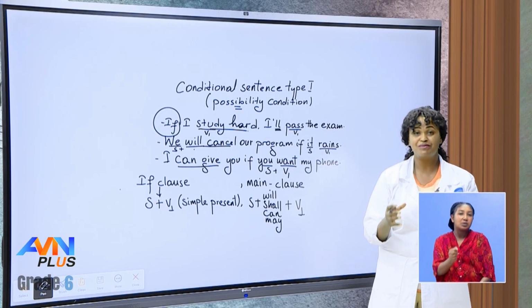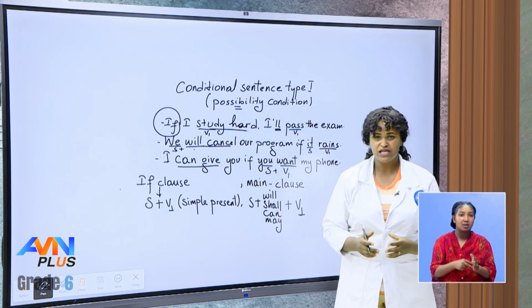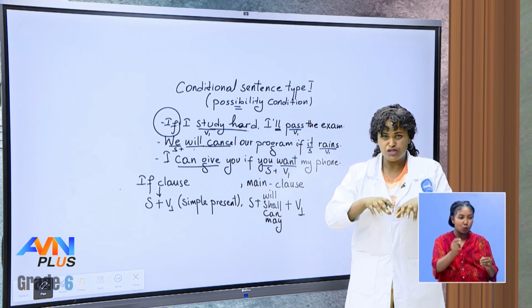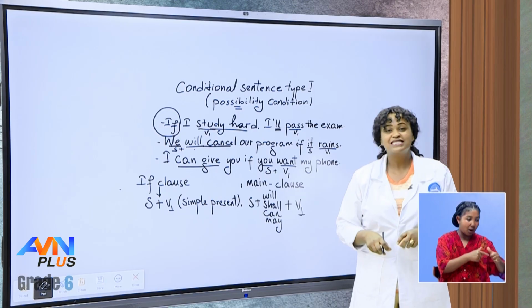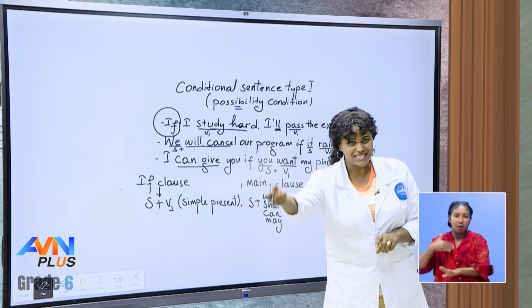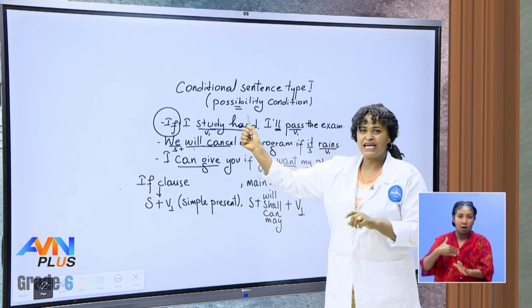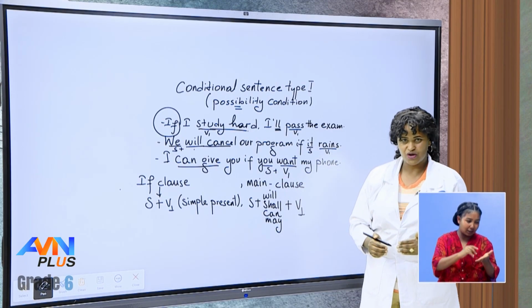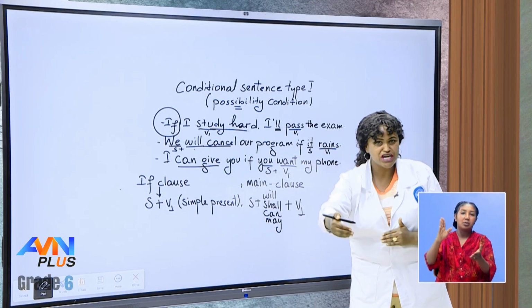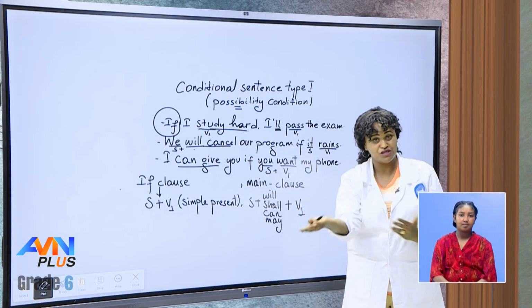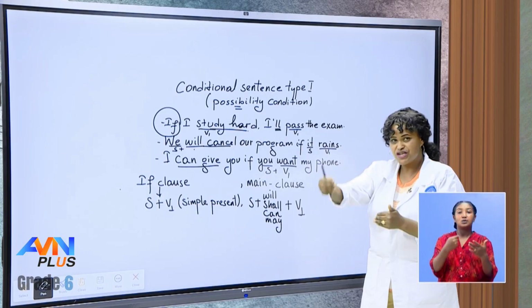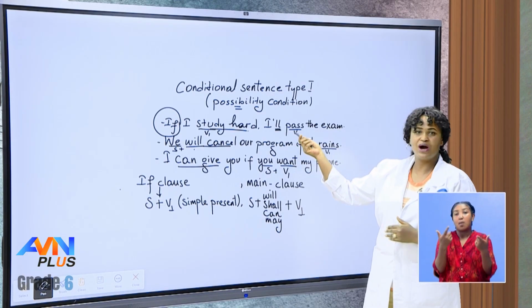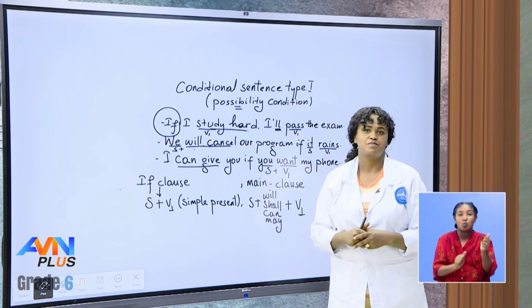When you say possibility condition, that means if you put something in the condition at present, there is a chance for the result. Look, if you study hard, when? Now. Okay? Then what will happen after now? Everything that you do after now is future, right? So after that, there is a possibility for you to do what? To pass the exam. You see?